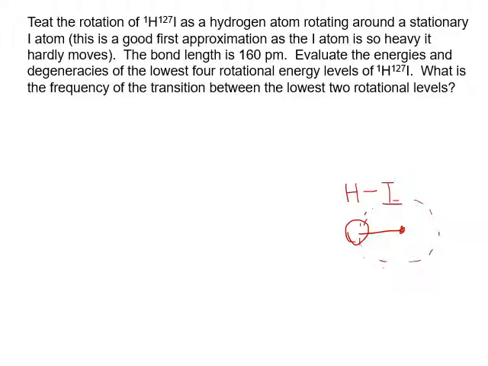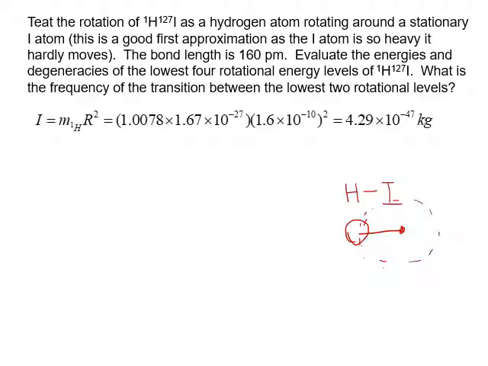Under this approximation iodine doesn't move. So the consequence is, when we calculate the moment of inertia, for a two-body system we would use reduced mass, but here we only use the hydrogen mass, because iodine doesn't move, times the radius, the bond length, squared.